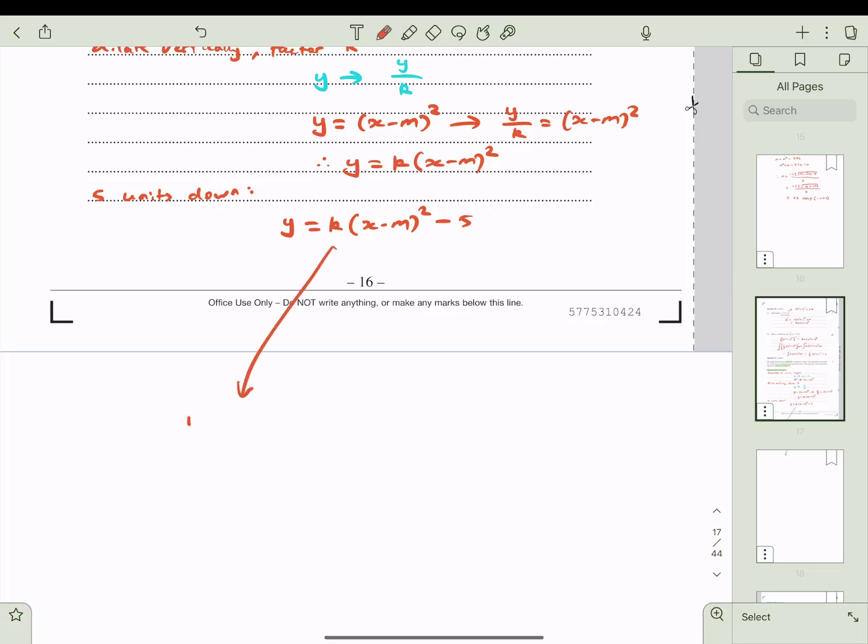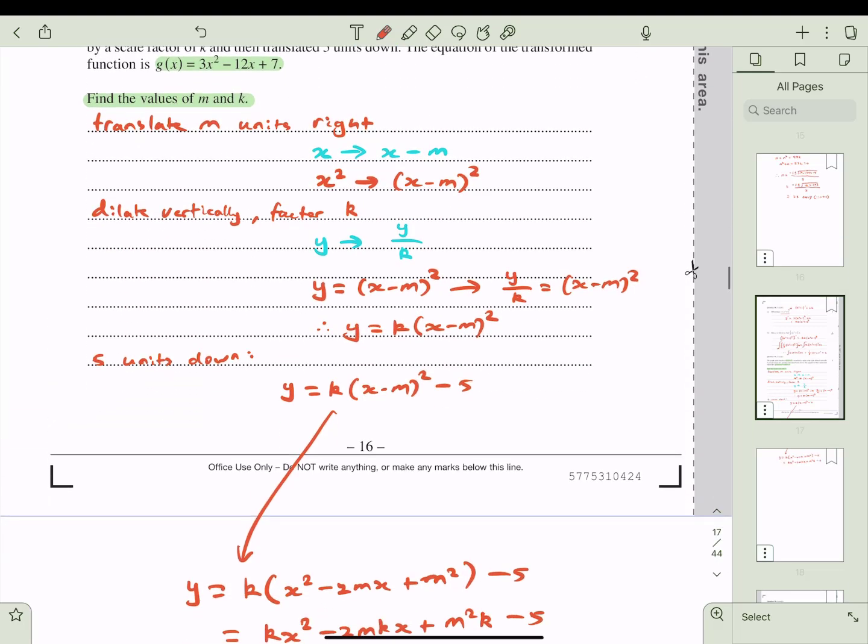Let's expand him to y equals k times x squared minus 2mx plus m squared, minus 5, equal to kx squared minus 2mkx plus m squared k minus 5. Okay, now what do we notice?